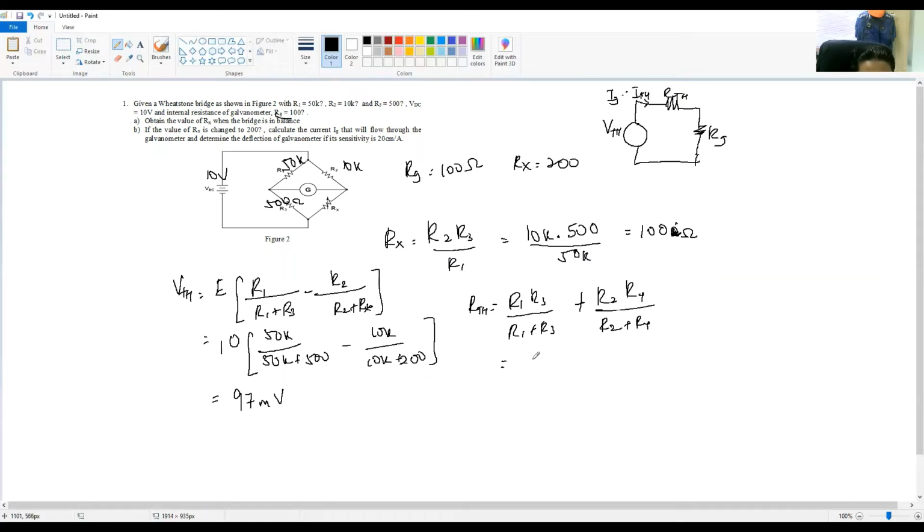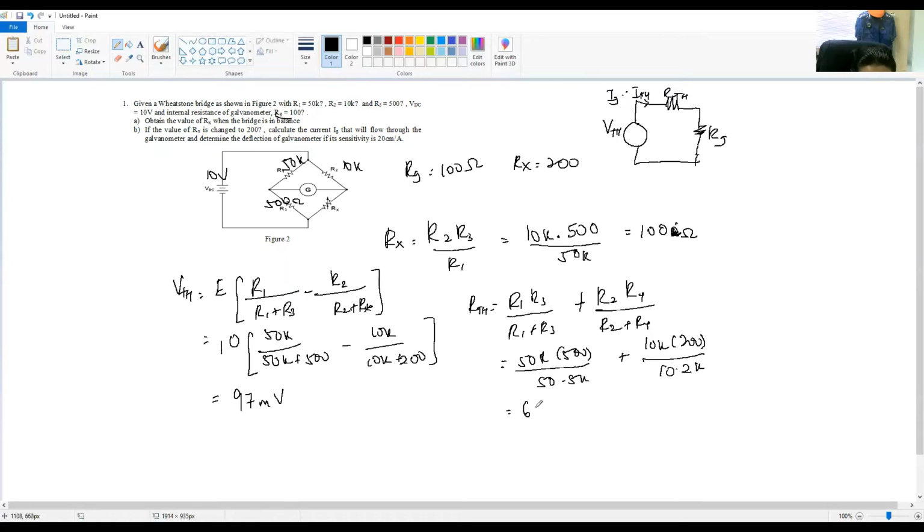Substitute the values: 50k multiplied by 500 divided by 50.5k, plus 10k multiplied by 200 divided by 10.2k.